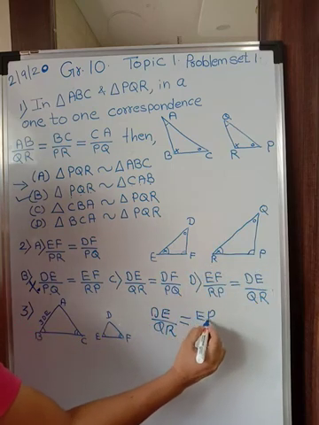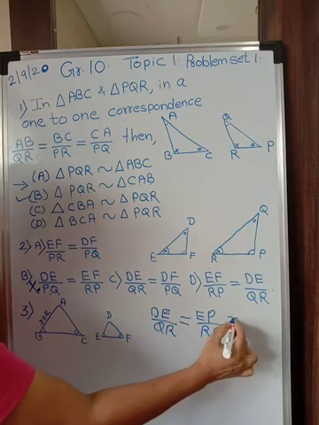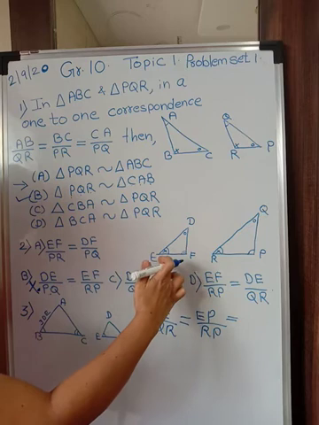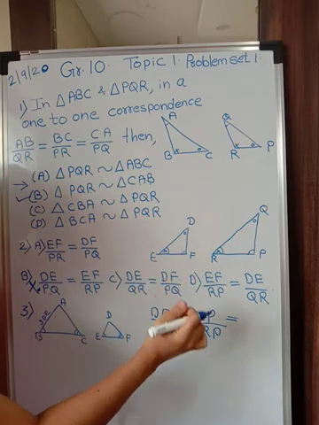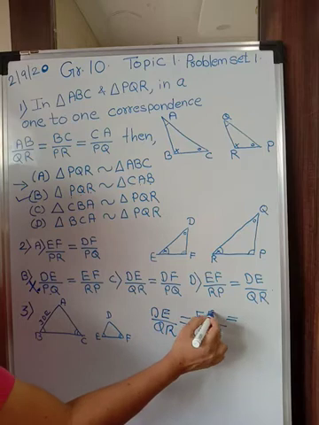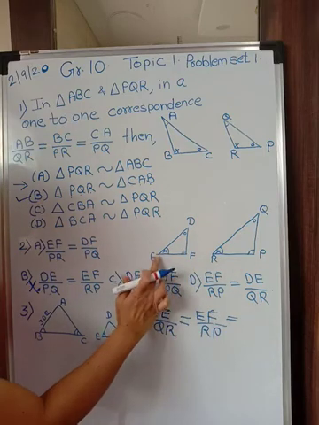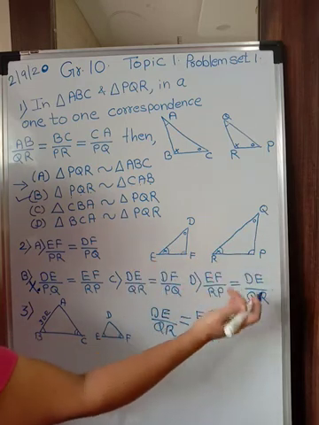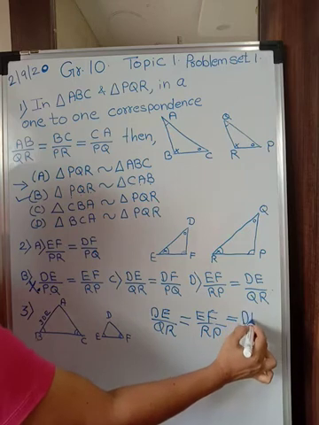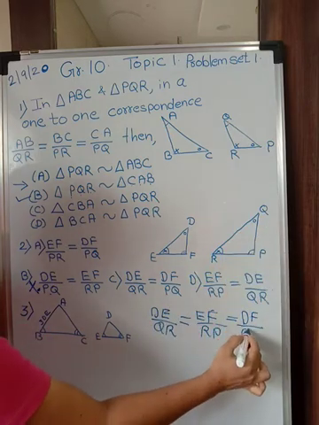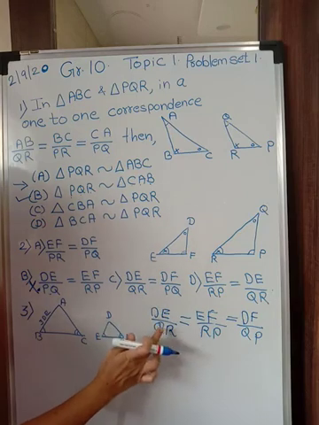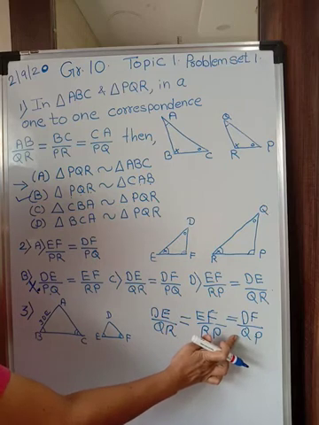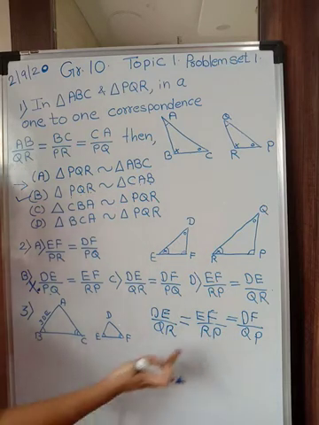So EF upon RP, which is equal to, we have taken DE, we have taken EF, now we will be taking DF. So DF is opposite to this, that will be QP. So DF upon QP. Okay, so DE upon QR is equal to EF upon RP is equal to DF upon QP. This is the correct proportion. Now you can check this with all.